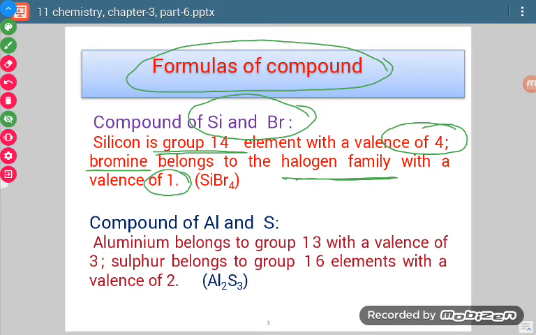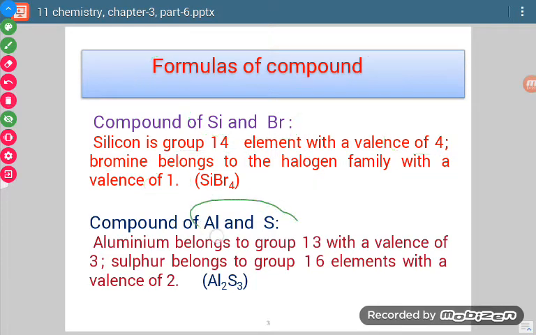So the group 14 element has a valency of 4, and the group 17 element has a valency of 1. So what is the formula? One atom of silicon can share 4 electrons with 4 different atoms of bromine, and so it forms the SiBr4 molecule. Similarly, if we talk about aluminium and sulfur, then aluminium belongs to group 13 and has valency 3.